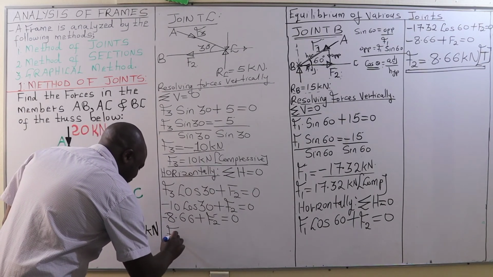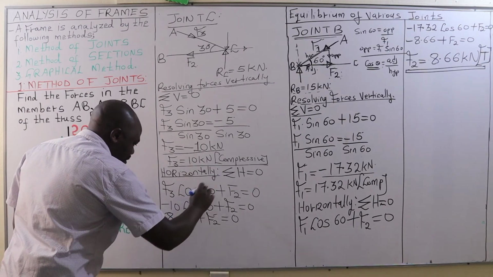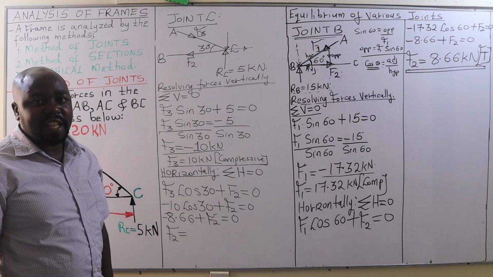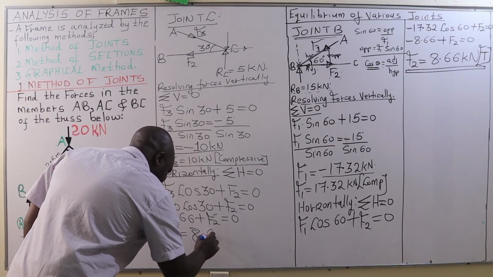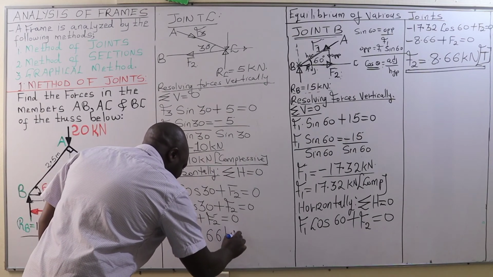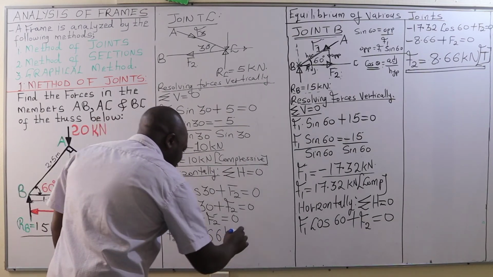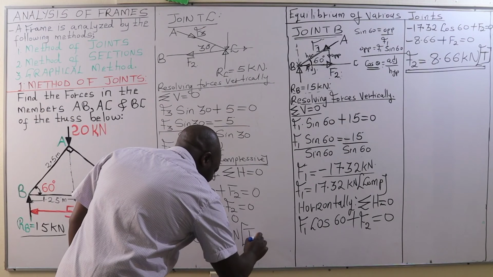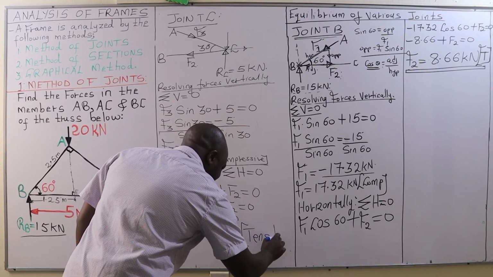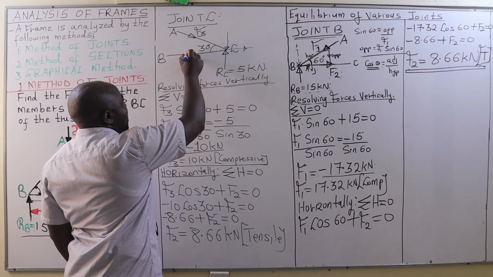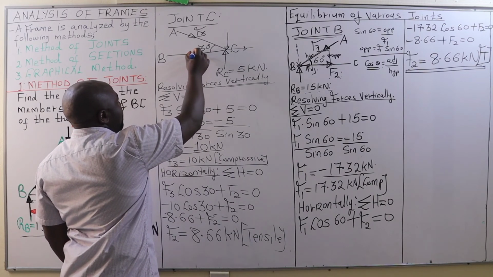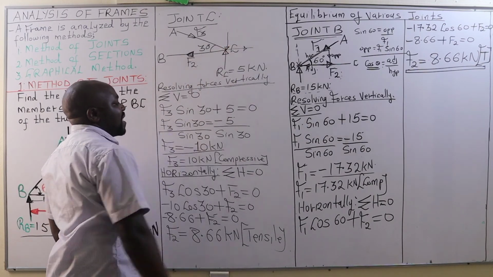And that's going to give us F2 being equal to 8.66 kilonewtons. And this force being positive, it means that the force is tensile. And therefore, this force again is acting away from the joint C.